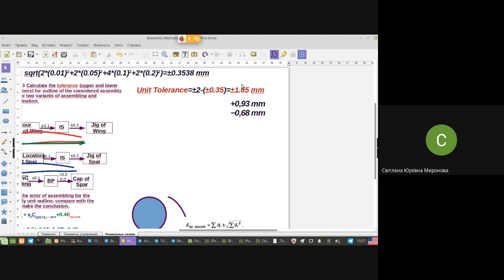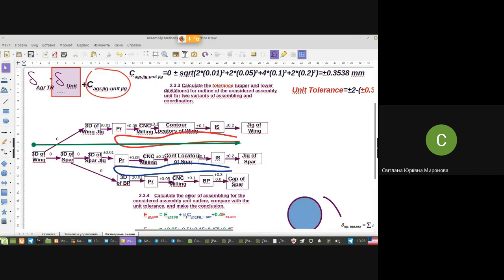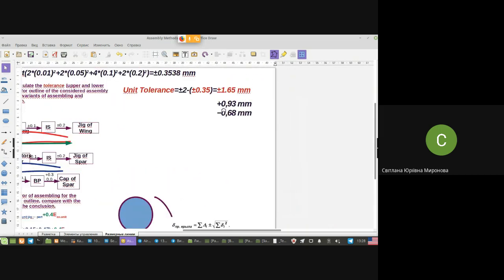And it means that this system of coordination you may recommend for manufacturing in this particular case. So the last step that you should do, after you calculate the unit tolerance, which you're going to compare with, after you calculate the assembly error, which in the case of the assembly method we used consists of the error of jig and the error of coordination, plus other errors which are not necessary to calculate practically.